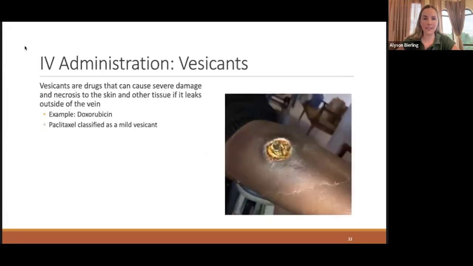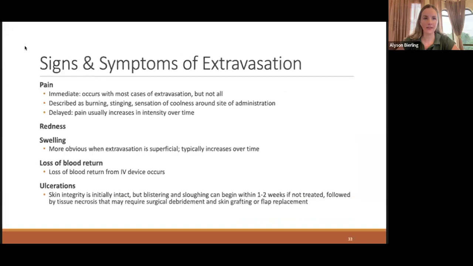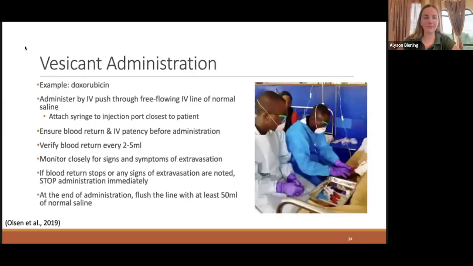In this photo, you can see that necrosis has occurred. If it's really severe, the patient might require surgical debridement and skin grafting or flap replacement. So we really want to do everything that we can to prevent extravasation from occurring. We'll talk about how to do that on the next slide.